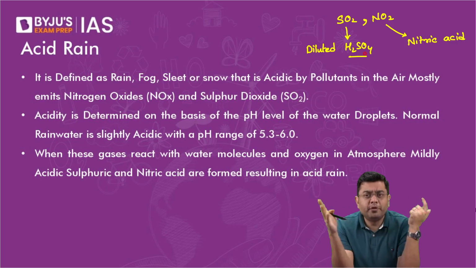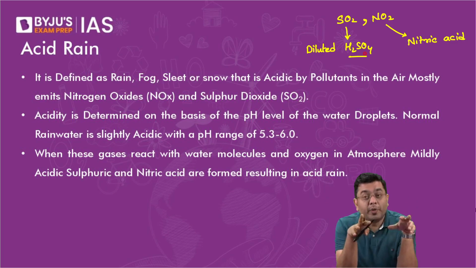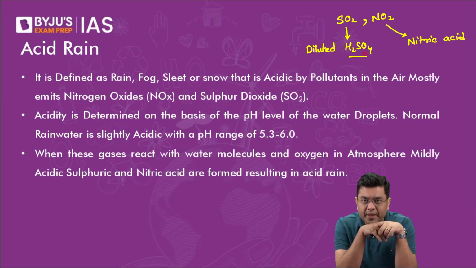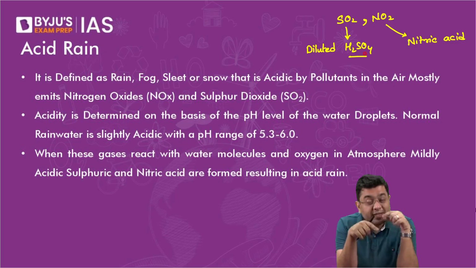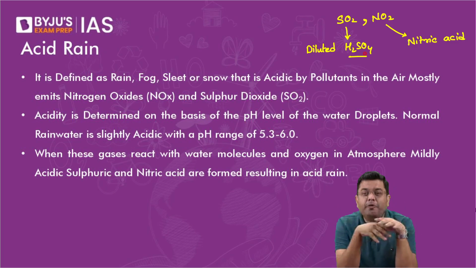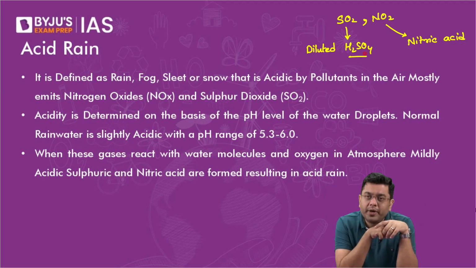Those are referred to as the dry deposit of acid rain. Sometimes raindrops combine with them and then they fall on the surface. So that is the typical wet acid rain that you encounter.